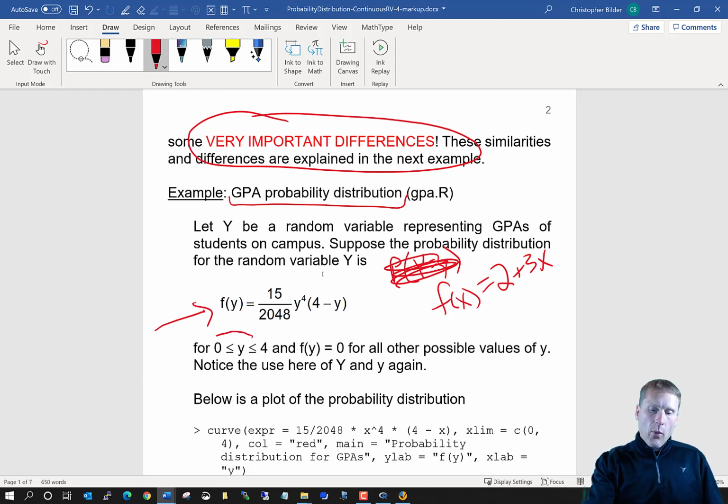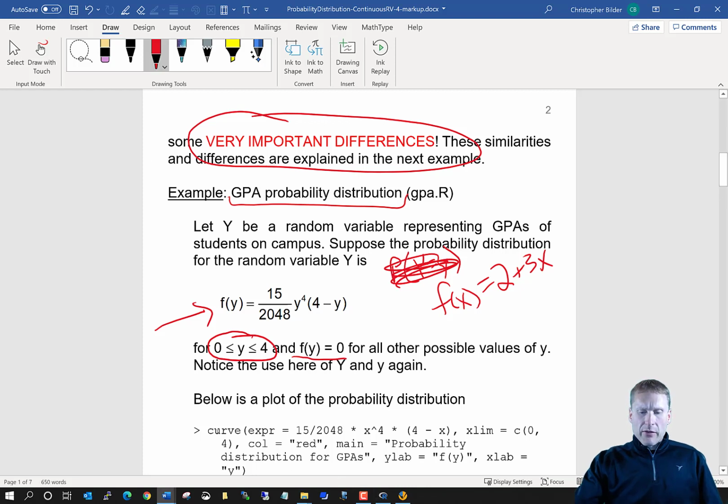And this is for GPAs between 0 and 4, so we're dealing with college GPAs here. For all other possible values of y outside this range, f of y is going to be 0. Let's take a look at a plot of this probability distribution.